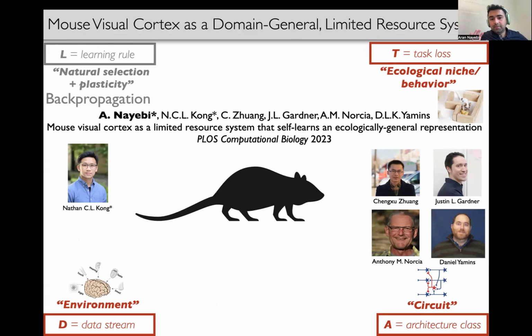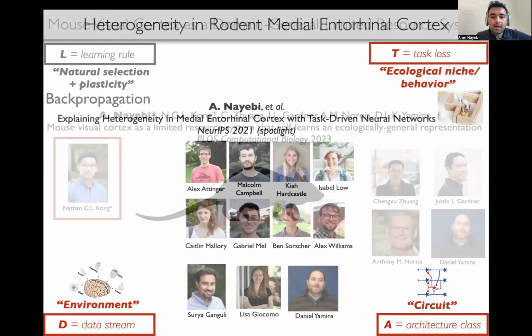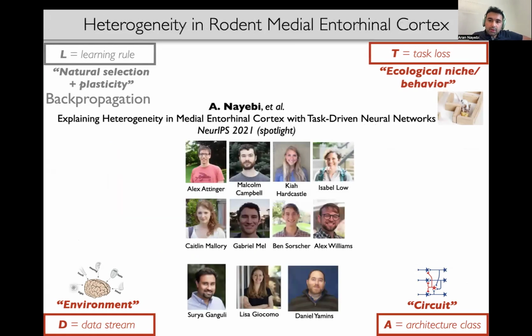It comes from one work that appeared last year in PLOS Comp Bio, a collaboration co-led with my collaborator Nathan Kong, as well as work that appeared a few years ago, not in rodent visual cortex, but now in rodent medial entorhinal cortex, so a non-sensory area. That was a NeurIPS Spotlight done in collaboration with Lisa Giocomo's group, with experimental data compared there.